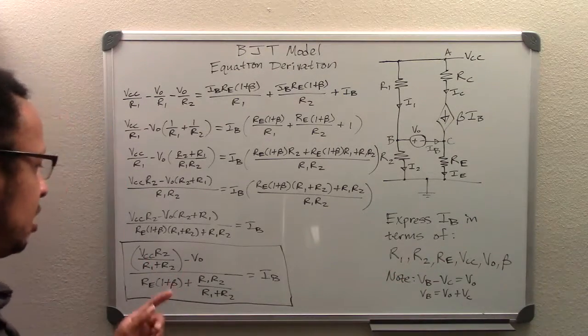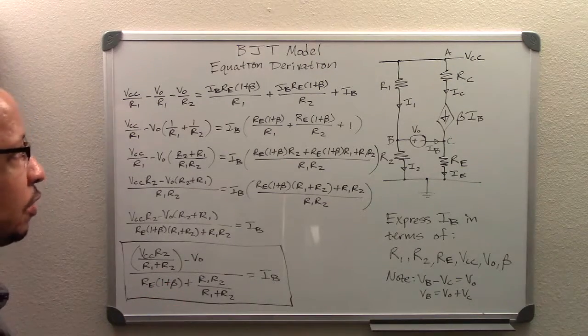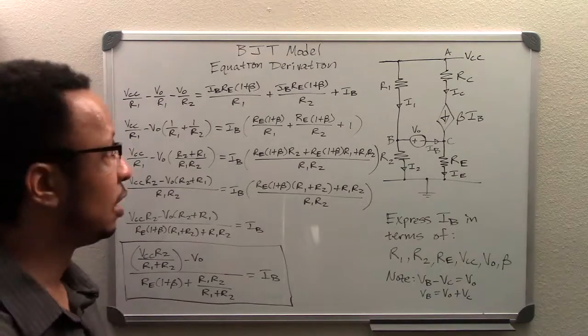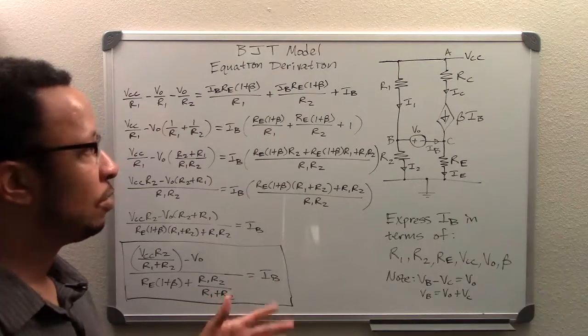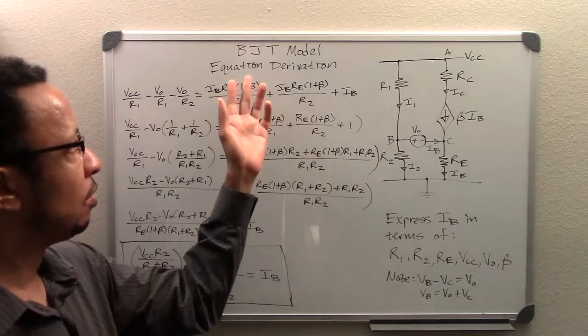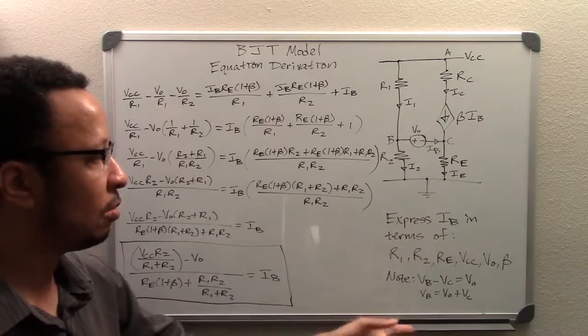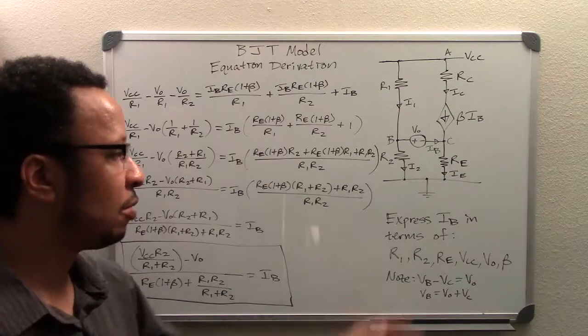And we have beta, which is here. And nothing else. So that completes it for this particular problem, where we're using a BJT model and we've derived the equation to express IB in terms of these particular circuit variables.